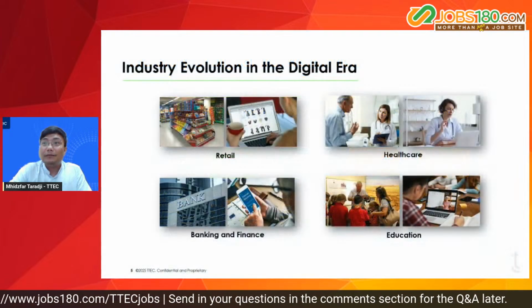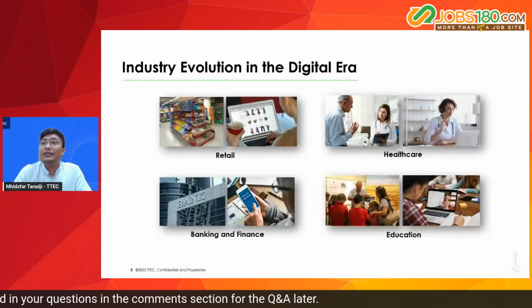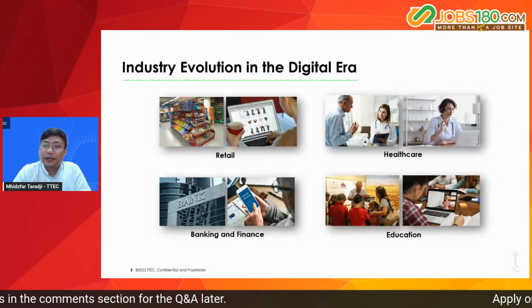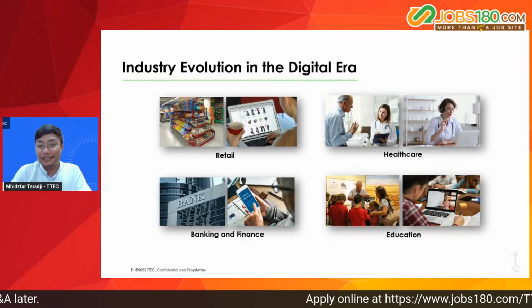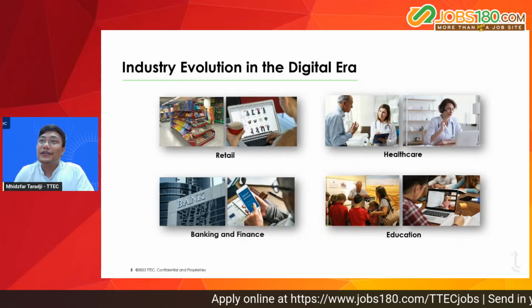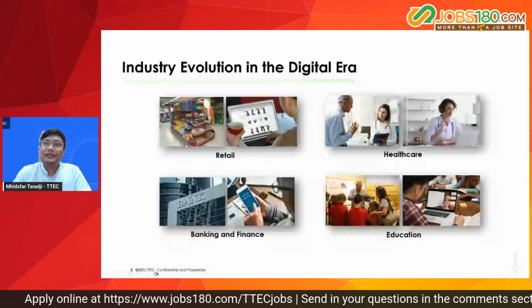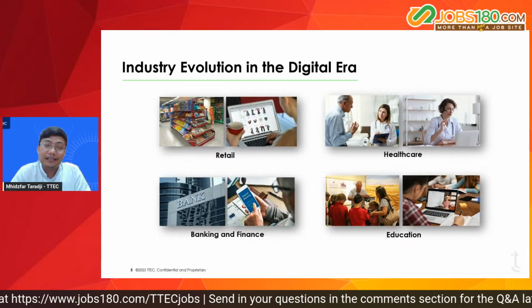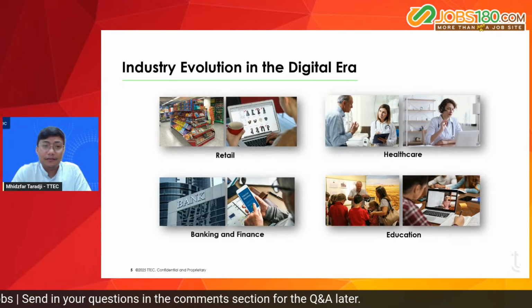So if we look back at industry evolution in the digital era, just to make sure that you have an idea of what it was before and what it is right now: during retail, I'm sure everybody is familiar. Back then, we needed to line up if we wanted to buy anything, probably groceries, clothing, or even a phone.